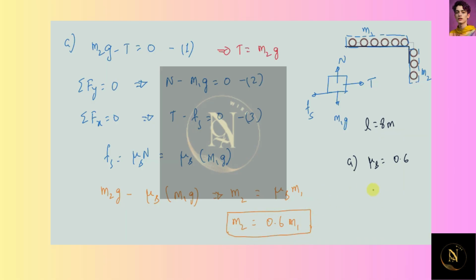Now next we are assuming that the mass of the chain per unit length is lambda. So total mass m2 plus m1 would be equal to 8 times lambda, because the chain is 8 meter long.